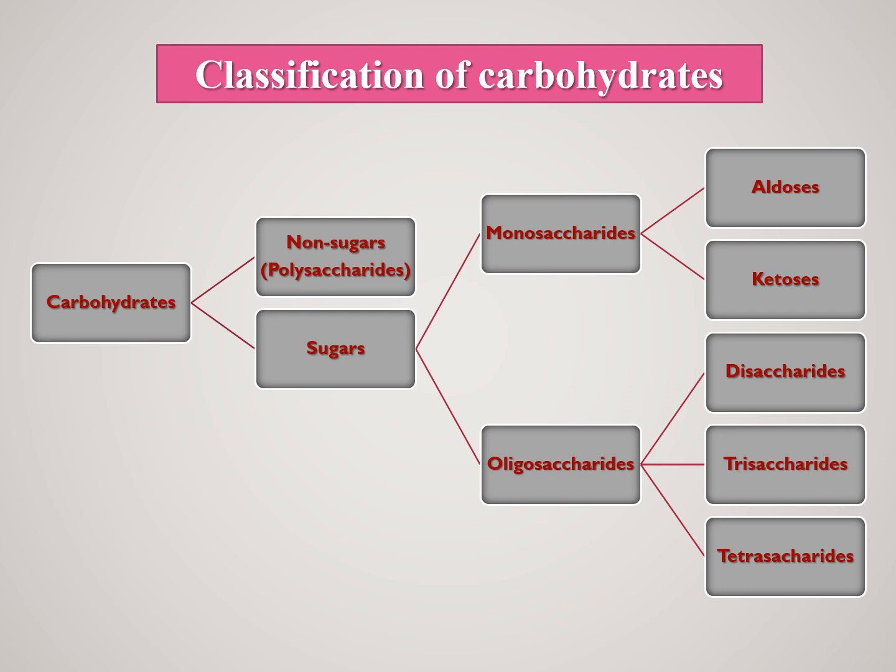So the term has been given as oligosaccharides. They are further subclassified as disaccharides, trisaccharides, and tetrasaccharides. Let us understand the classification of these carbohydrates individually in the next slide.